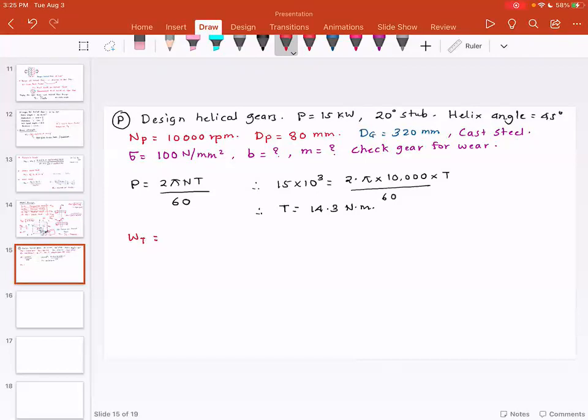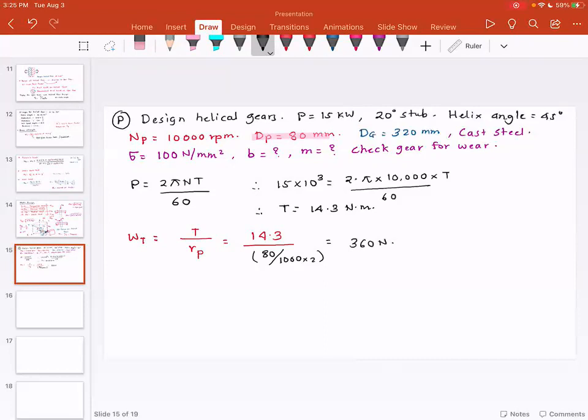So WT is equal to torque divided by the radius of pinion, 14.3 divided by the diameter of the pinion, which is 80 millimeters, 80 divided by 1000 divided by 2. With this, I can find out the force, which is 360 newtons.